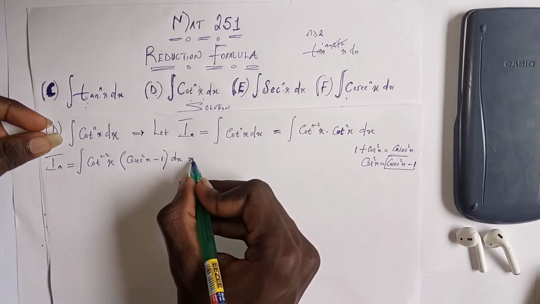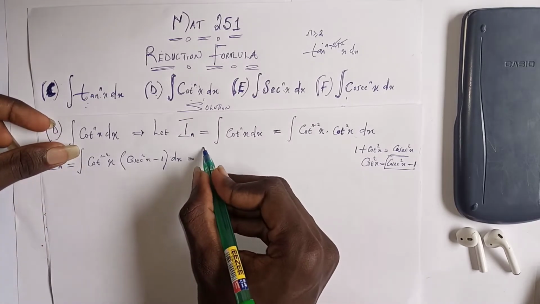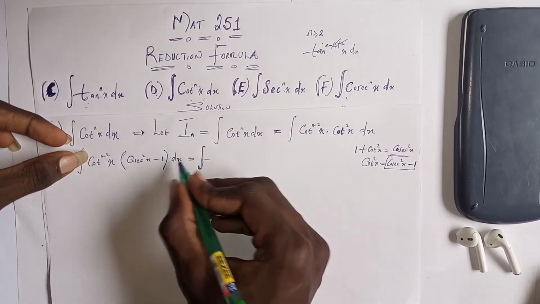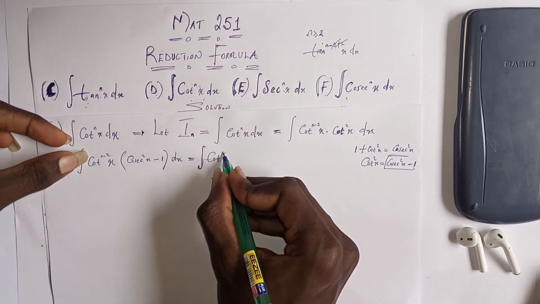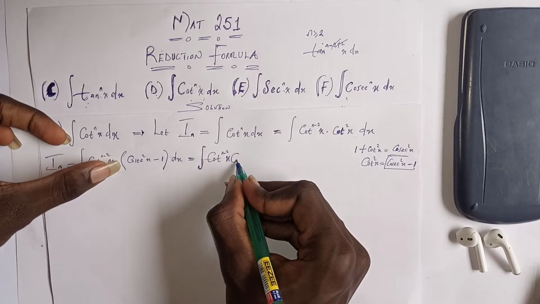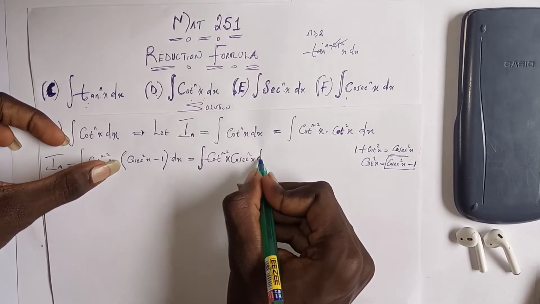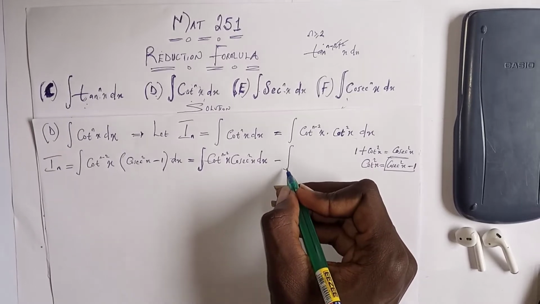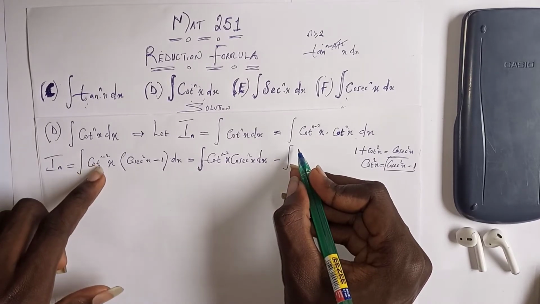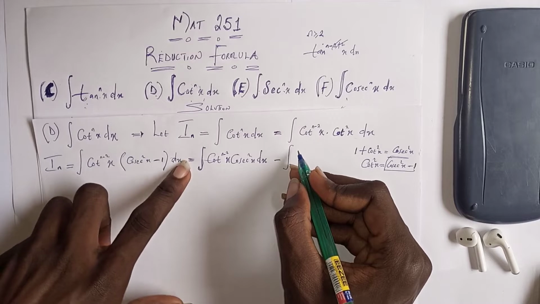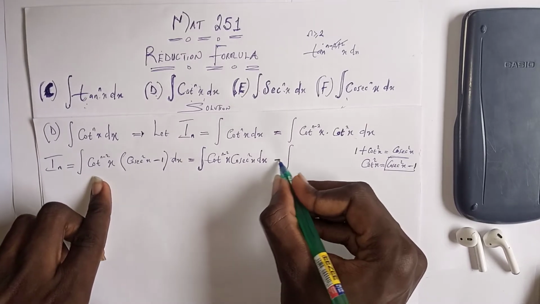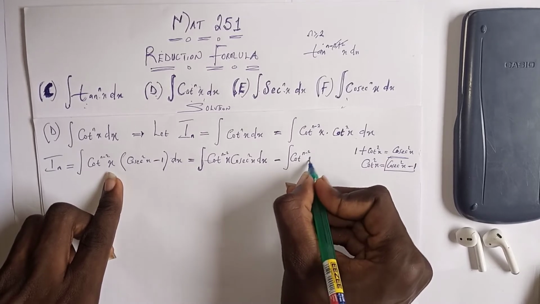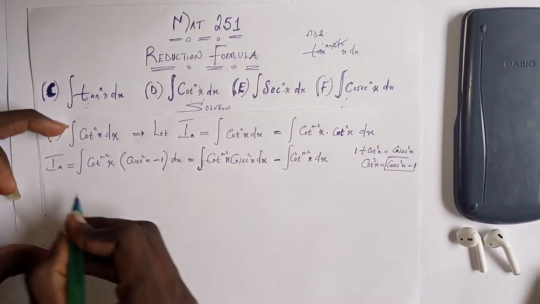When you open this up, I'll have the integral of cot n minus 2 x cosec square x dx, then minus the integral of cot of n minus 2 of x times 1 times dx, that should be cot of n minus 2 of x dx.